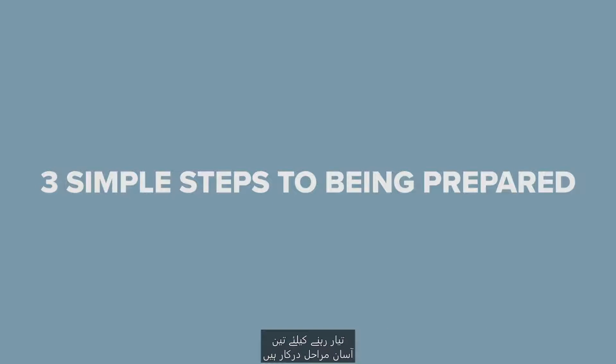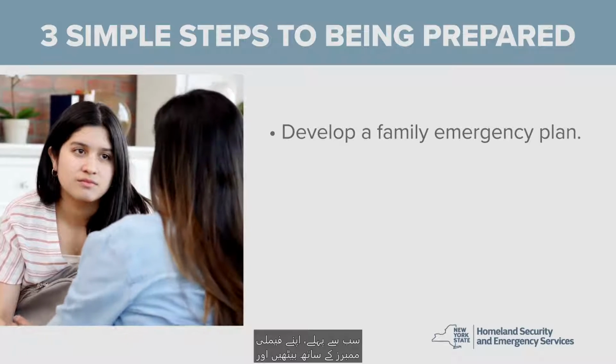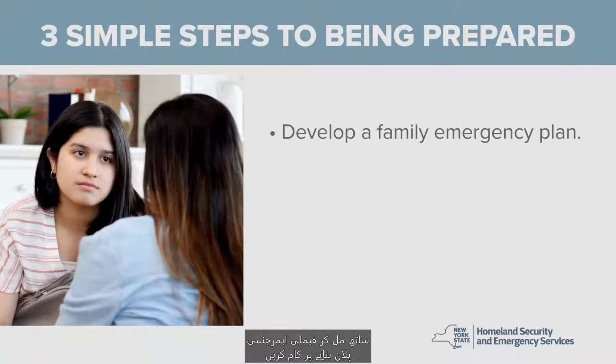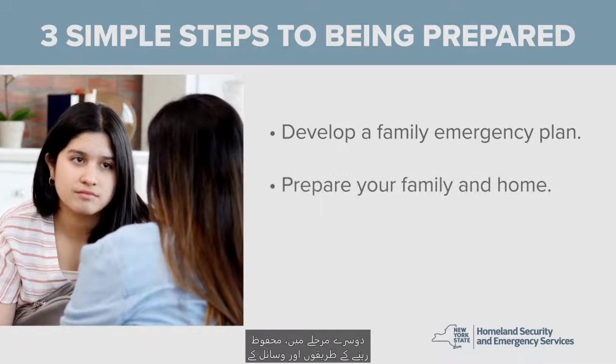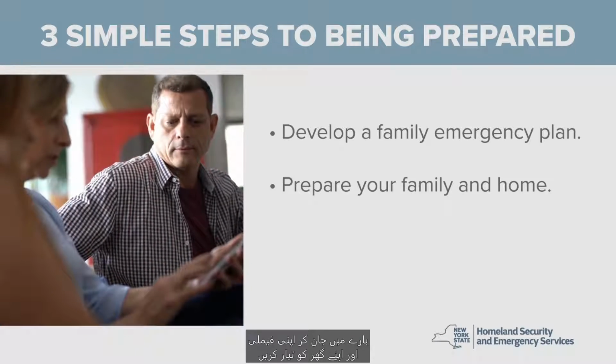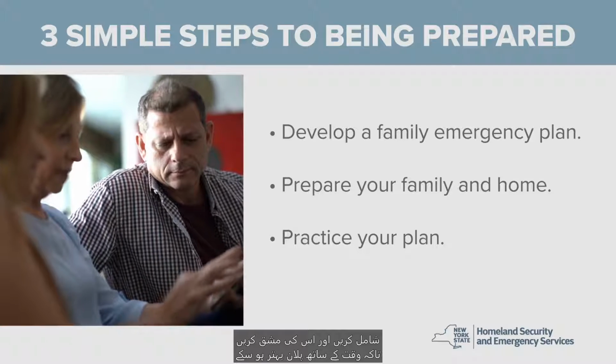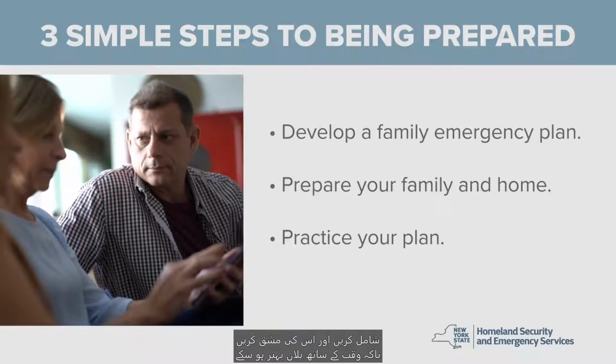Being prepared takes 3 simple steps. First, sit down with family members and work together to develop a family emergency plan. Second, prepare your family and your home by learning about techniques and resources to stay safe. Third, practice your plan. Involve all family members and practice the plan to improve it over time.